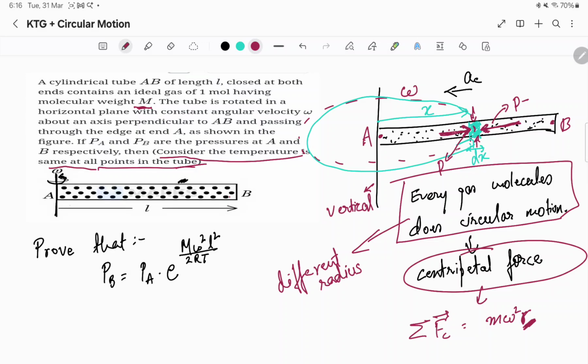Here, if this side pressure is P, on the right side I can take pressure as P plus dP, a very small increment of pressure.